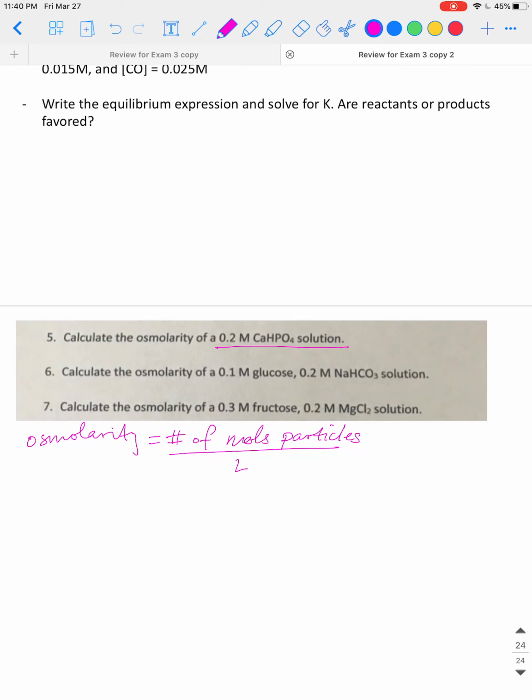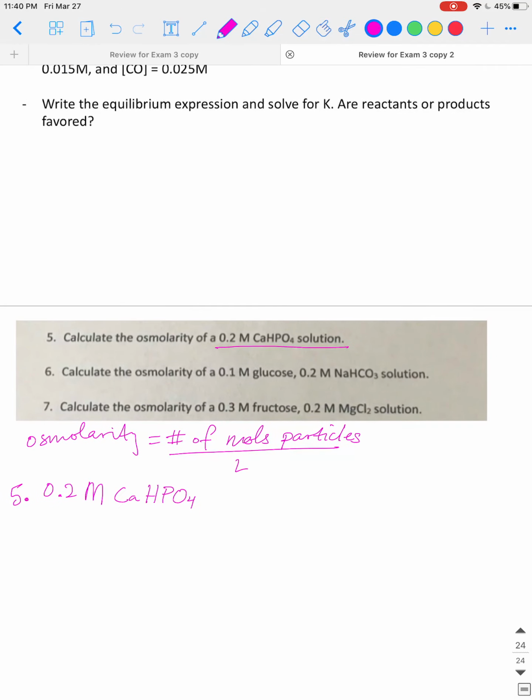CaHPO4, calcium, and I actually don't remember the name of this anion. I would have to look at a polyatomic ion chart. But we have, this is number 5, 0.2 molar CaHPO4.